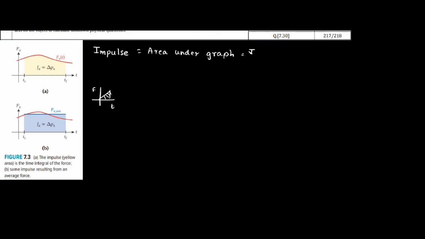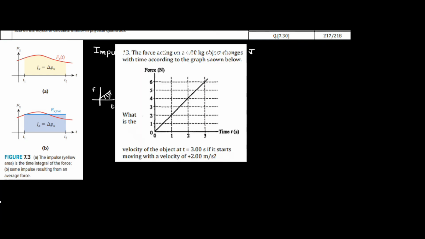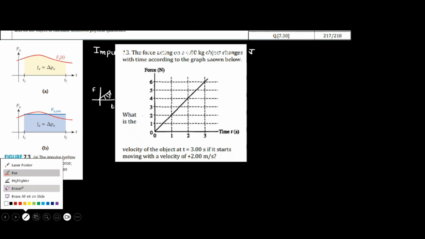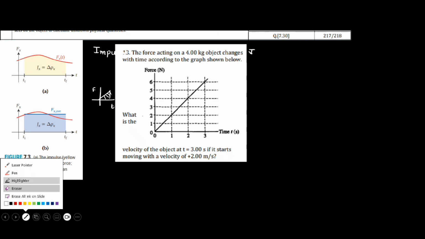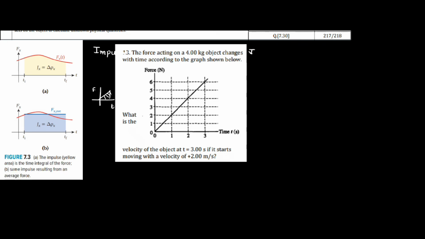So let's take an example. Here you have a force acting on a 4 kilogram object, and this force changes with time as shown in the graph. What is the velocity of the object at t equals 3 seconds, if it starts moving with a velocity of 2 meters per second?